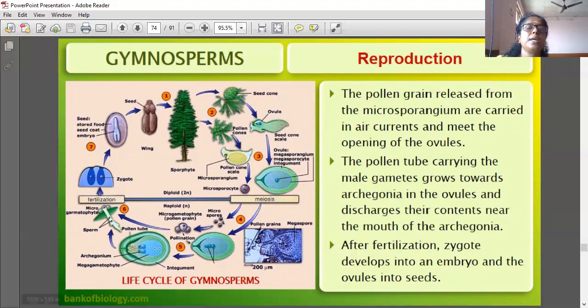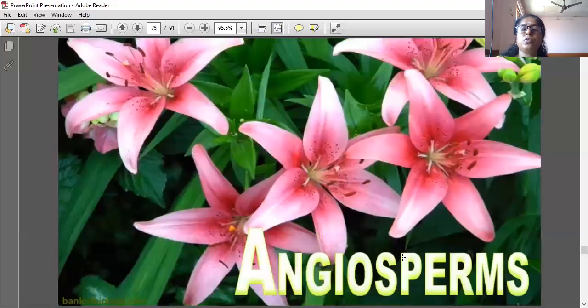You can see in this diagram, the pollen grain comes on the mouth of the archegonium, then grows towards the inside. After fertilization, the zygote develops into an embryo and the ovules into seeds.